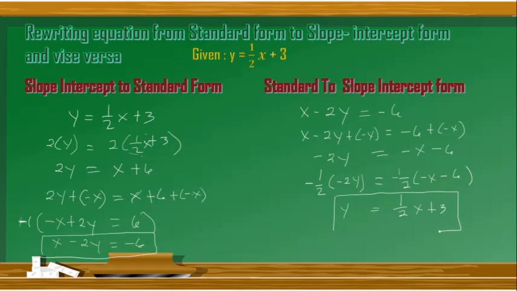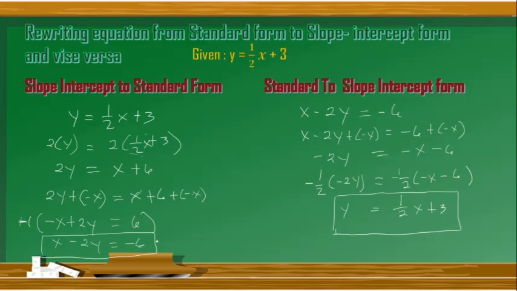Okay, now look at the result. The given is this one, and we were asked to transform this one to standard form, because this is written in slope-intercept form. So this is our answer for the standard form.